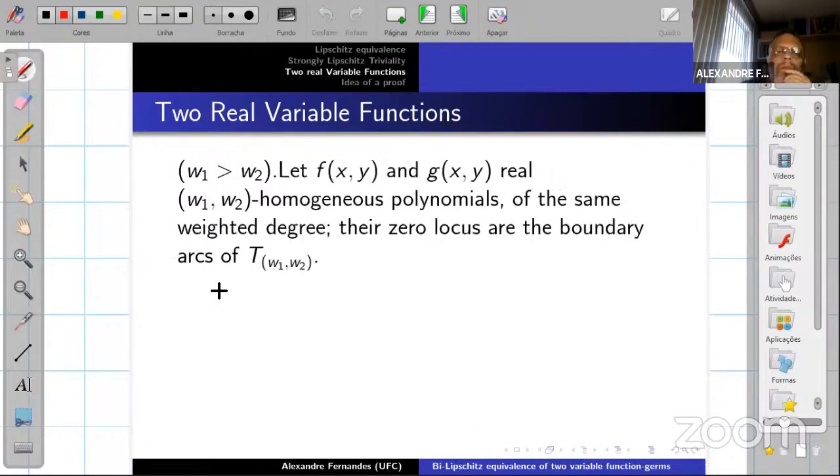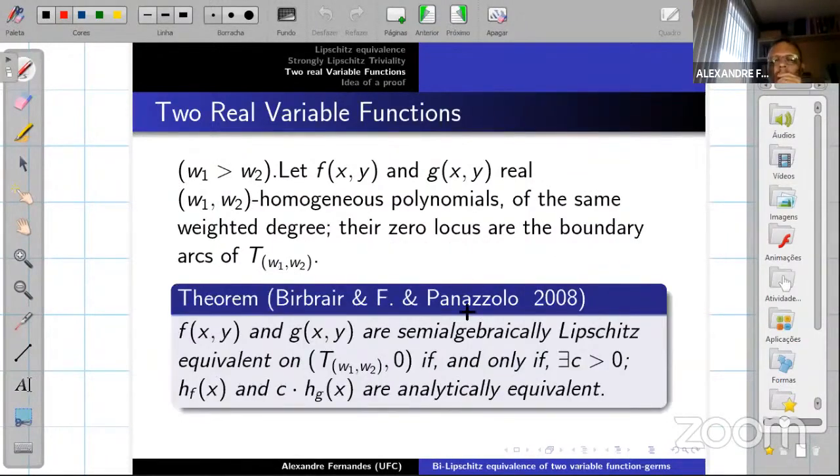What did we prove? We prove the following. If you have two real polynomials, which are weighted homogeneous but not homogeneous, with the same degree, and their zero loci are the boundary of this holed triangle, then they are semi-algebraically Lipschitz equivalent if and only if the respective height functions are analytically equivalent, up to a multiplication by a positive constant.